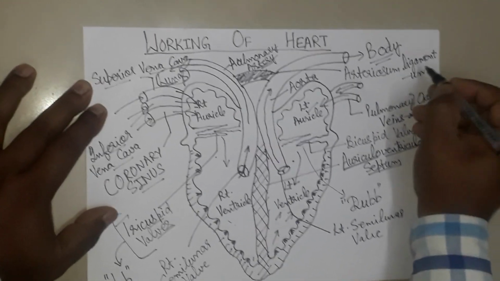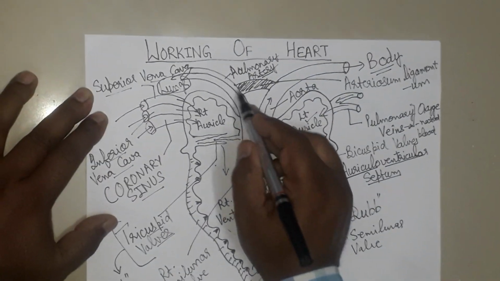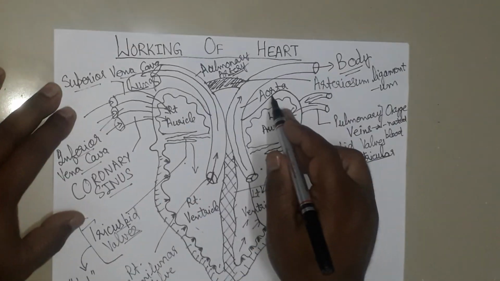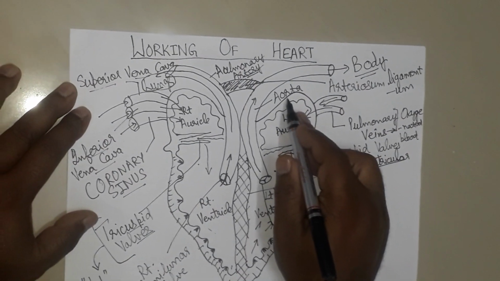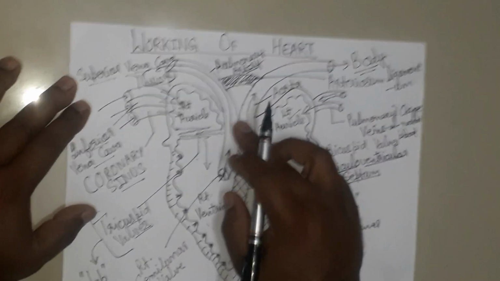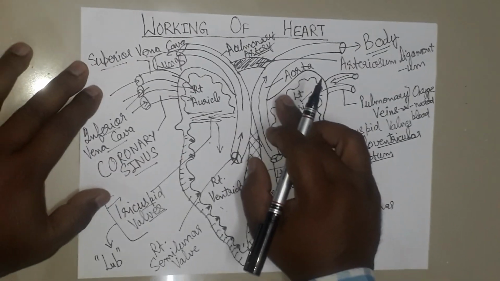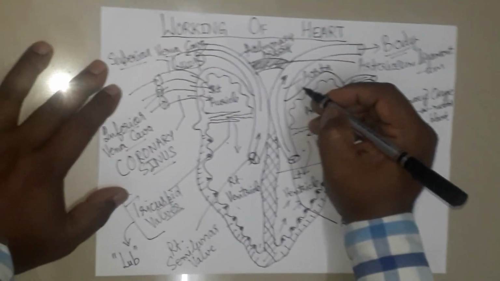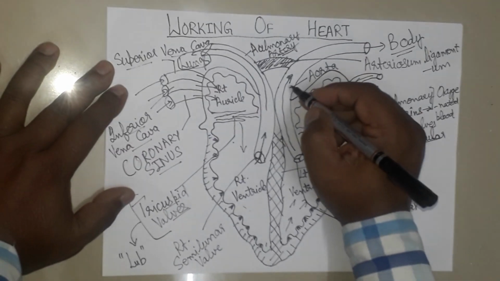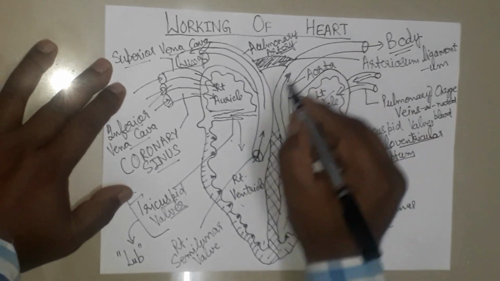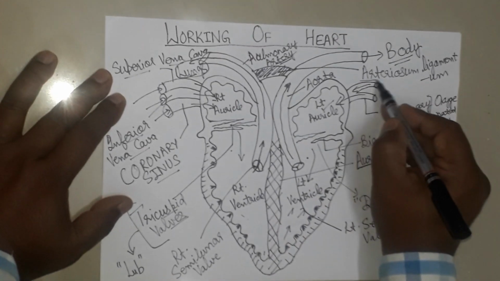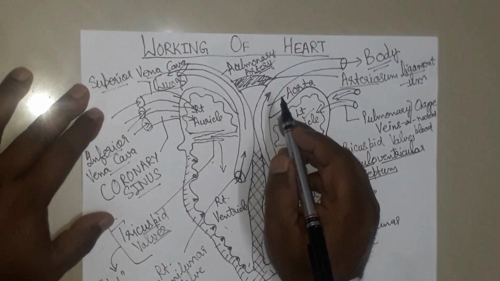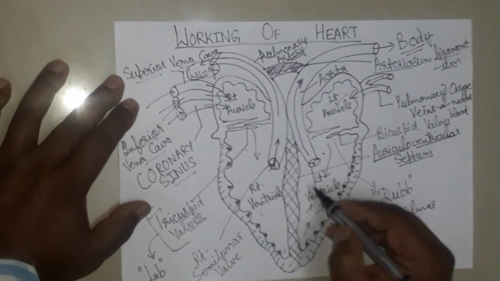It is a ligament attached to these two blood vessels, the pulmonary artery and the aorta. It helps these blood vessels not to collapse, because when the blood goes out it goes with pressure, so they may fall down. So this ligamentum arteriosum helps these blood vessels to remain at their specific position.